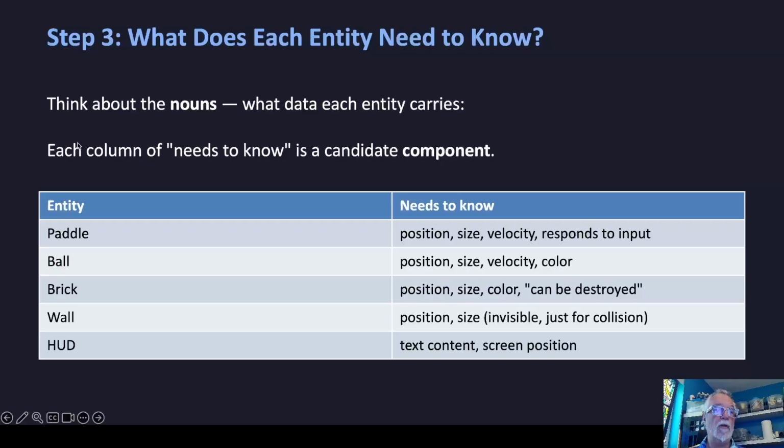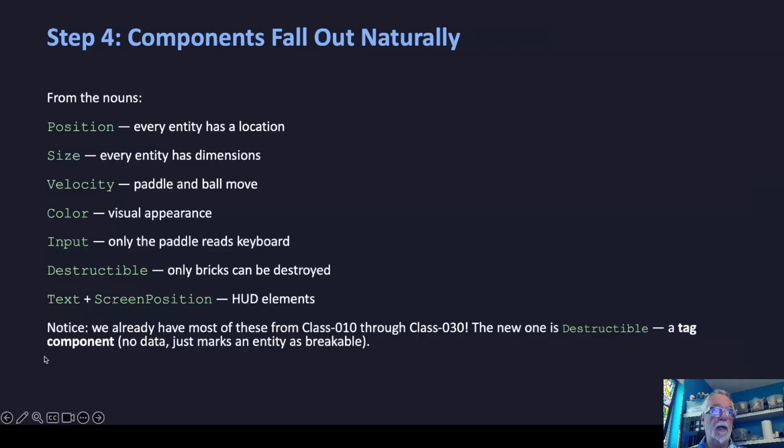So what are the things? Our things are the paddle, the ball, an array of bricks, a wall, and the content of the HUD, right? And the components are all of the components that define the game: position, size, velocity, color, input, destructible.